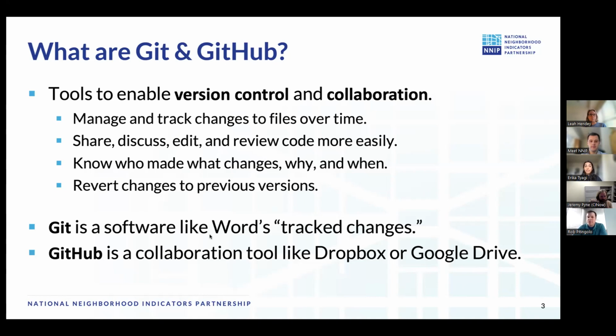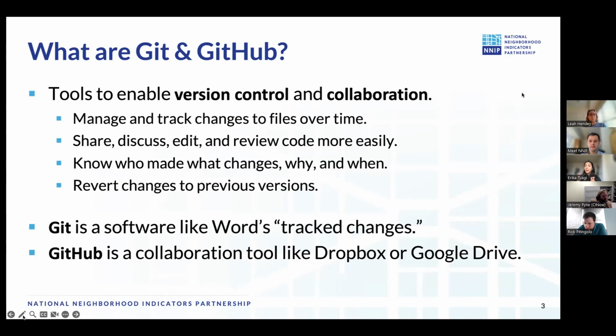These analogies are definitely imperfect, but I think they're helpful as a starting point. The way to think about Git is sort of like the tracked changes feature in Microsoft Word. If I'm working with Cole on a Word document and he changed something, I have that nice red markup to see exactly what he changed. That's what Git does: it's software that lets you see differences across time, a much more powerful version of that.